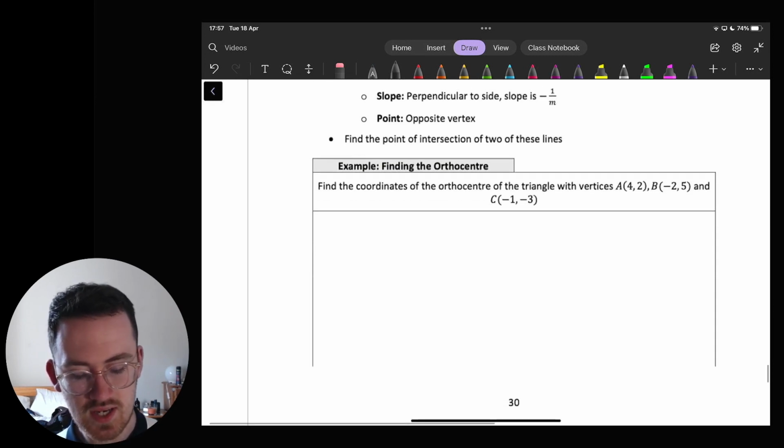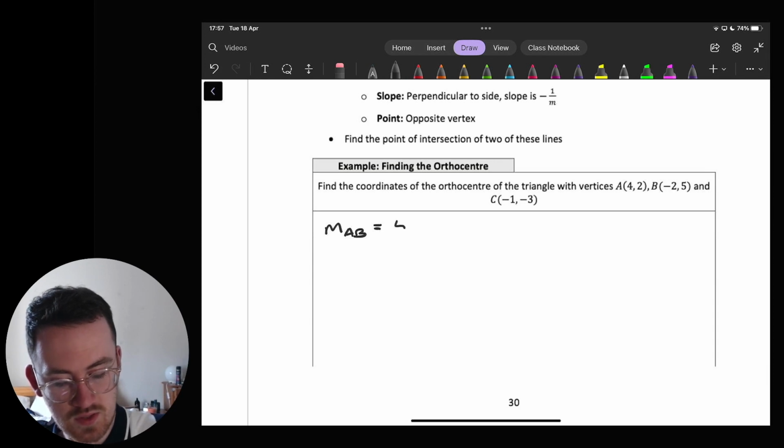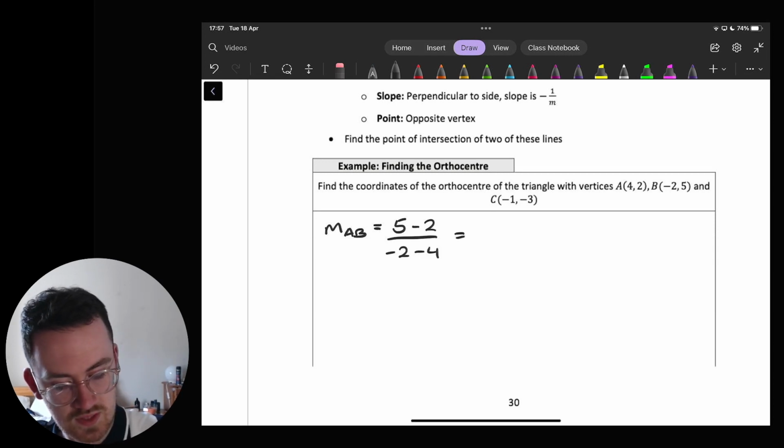So if I'm given a triangle with these three vertices, I can pick one side, say AB, and find the slope of that side AB. To find the slope of AB, that's (y2 minus y1) over (x2 minus x1). That's going to give me 3 over minus 6, which is, of course, minus a half.